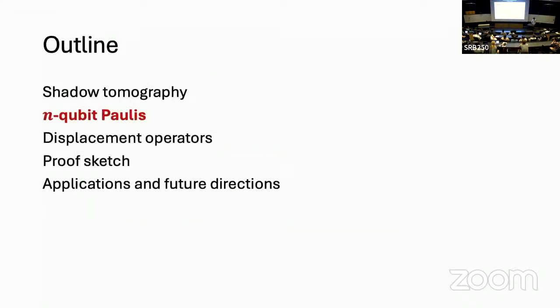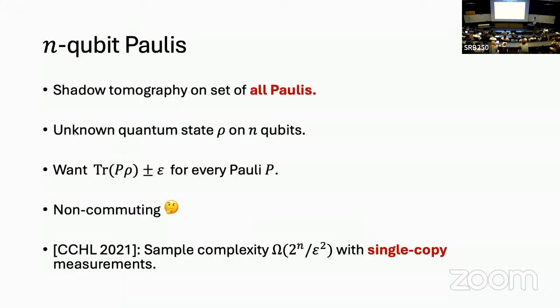As a leading example, we can ask what happens with the shadow tomography task if I want to estimate all of the Paulis on my unknown quantum state. We face this dilemma because these Paulis are not commuting.